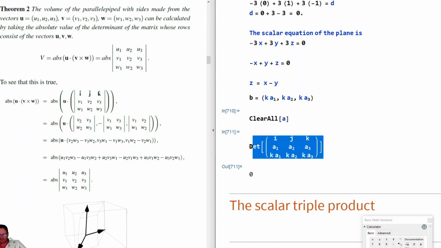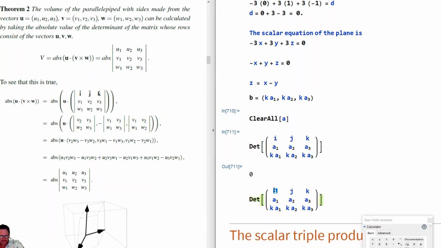And so I'll just show you that the computer gives that same result. So I'll just get rid of everything before I start typing. Okay, so we have u subscript 1, u subscript 2, u subscript 3.